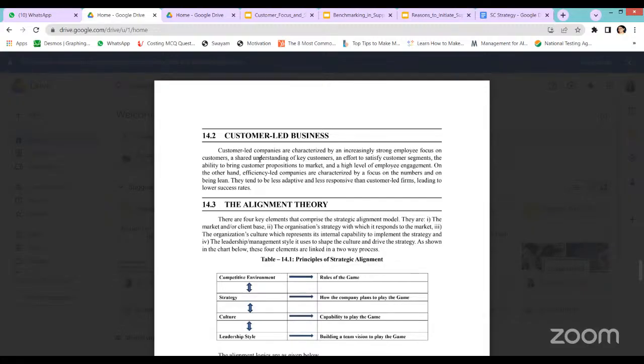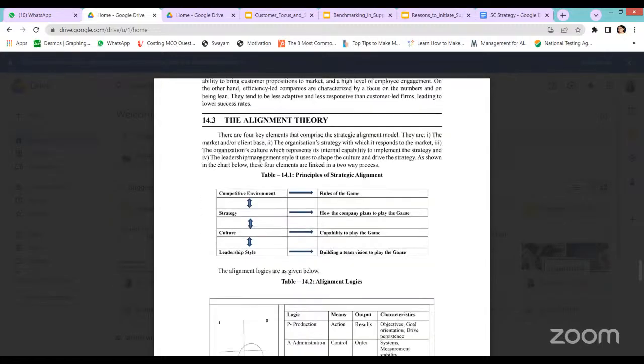Whereas in efficiency-led companies, you focus on the numbers and being lean, and they are less adaptive and less responsive than the customer-led firms. So their success rate may be lower.